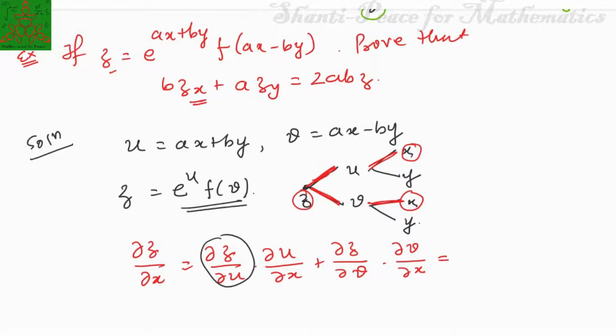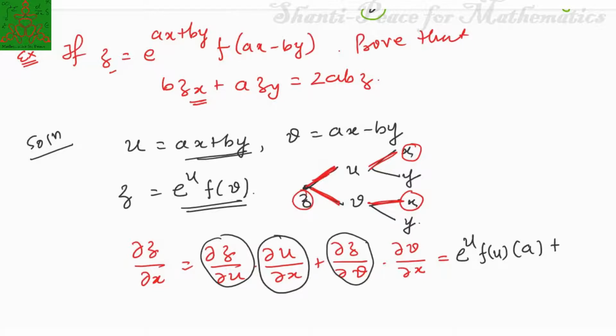The derivative of this quantity with respect to u will give you e power u f of v. Del u by del x will give you the derivative of this with respect to x, so that will give me a, plus del z by del v will have the derivative of this quantity with respect to v. e power u as it is, derivative of f of v is f dash v, and the derivative of v with respect to x, taking the derivative of this quantity with respect to x, is into a.